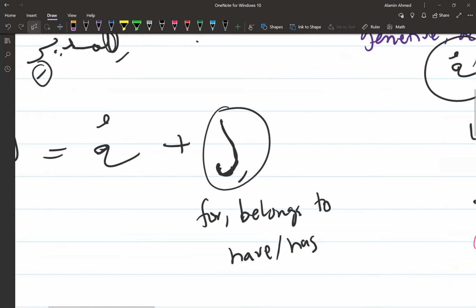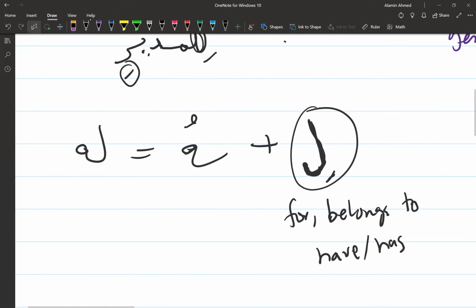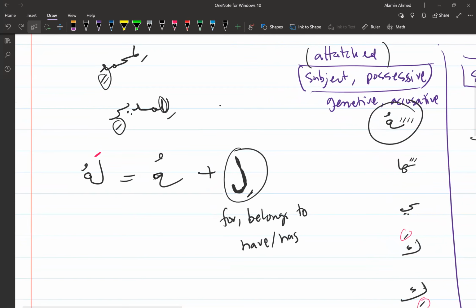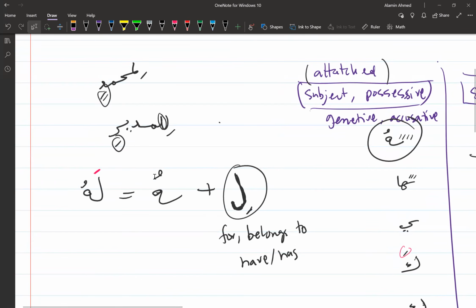This li is a very interesting preposition. What happens when it's connected with pronouns? From li, it becomes la. So this is something to keep in mind. It's exactly the same li as in li Muhammadin, but when you connect with the pronouns, you have to change the harakat from li to la.